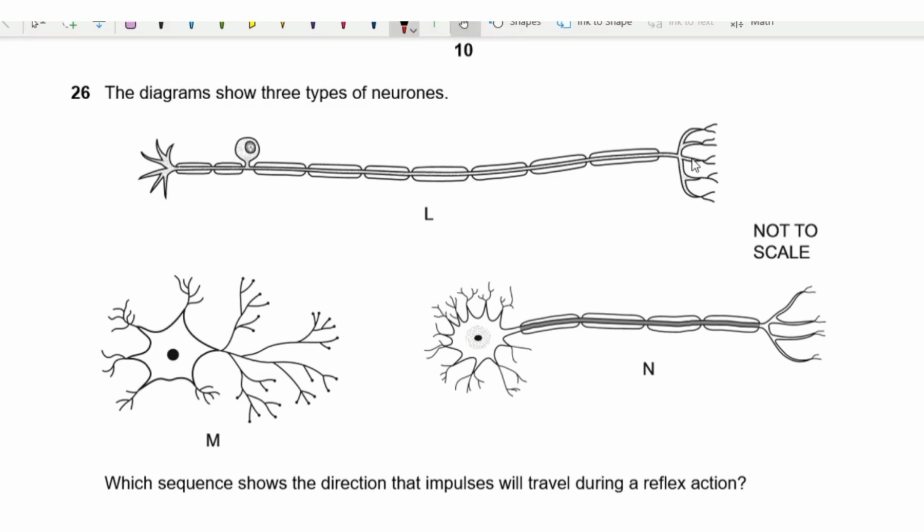L is the sensory neuron, then M is the relay neuron, while N is the motor neuron.